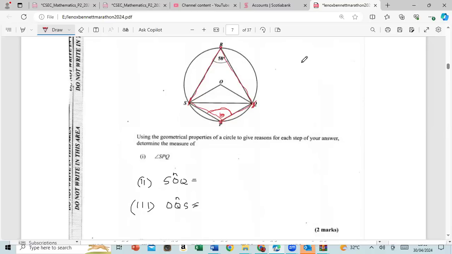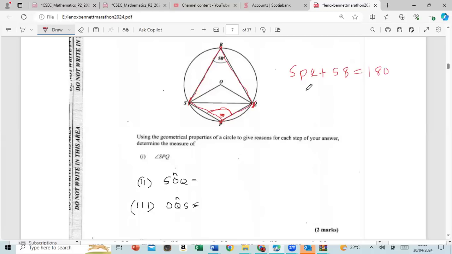And what we know about a cyclic quadrilateral is that the opposite angles are supplementary. That's just a fancy word to say they add up to 180. So this angle, we call it angle SPQ, plus 58 should give you 180.